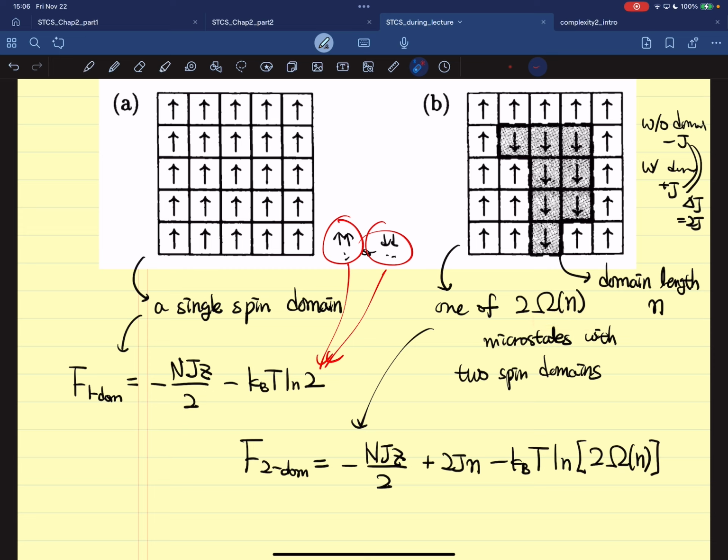But there is additional up-down symmetry because this can be a down island in the sea of up spin or an up island in the sea of down spin. So because of this up-down symmetry, it also has this extra factor 2.